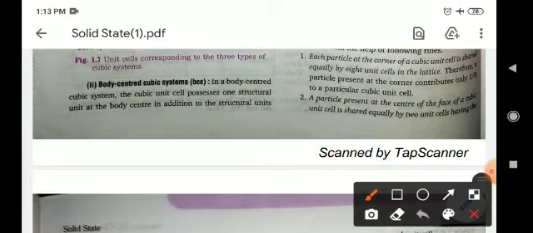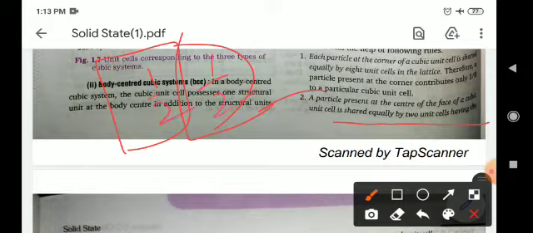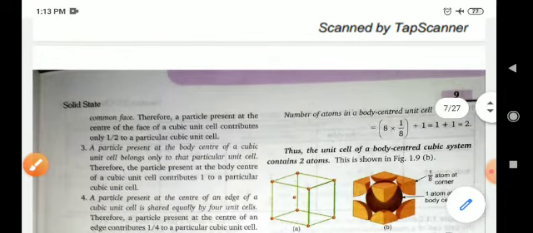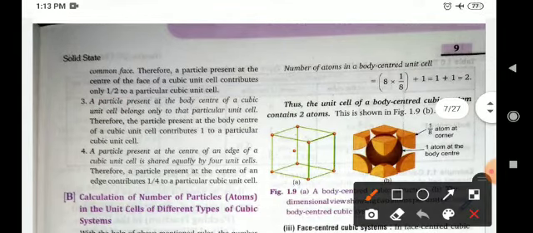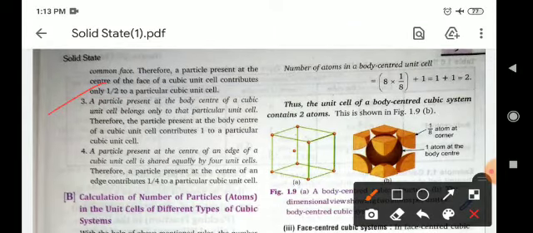Now the second rule: the particle present at the center of the face of a cubic unit cell is shared equally by 2 unit cells. Half will belong to this cell and half to the other cell. So the contribution of a face center particle will be 1 by 2, half. Third rule: a particle present at the body center of a cubic unit cell belongs entirely to that unit cell.